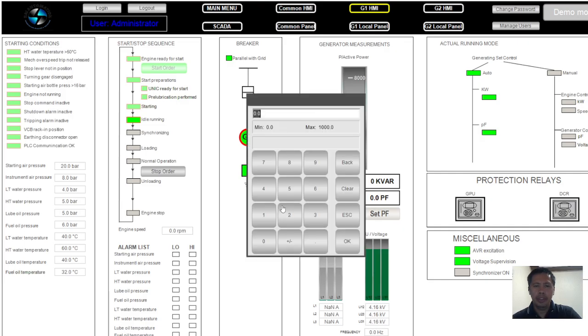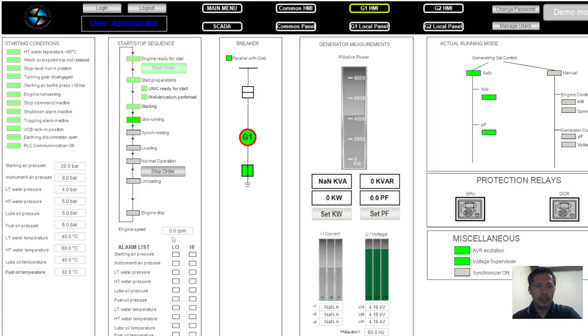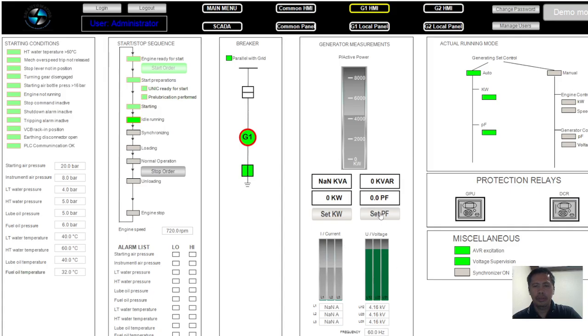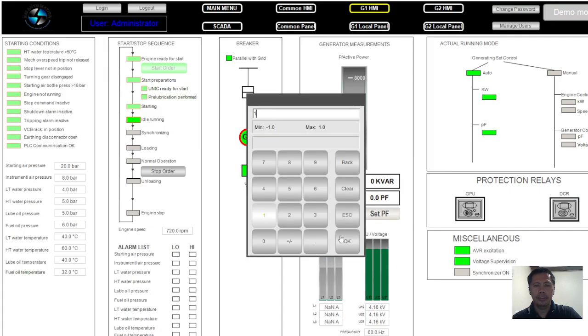The frequency is 60 hertz. And then the RPM here is say 720. Okay, the power factor 1.